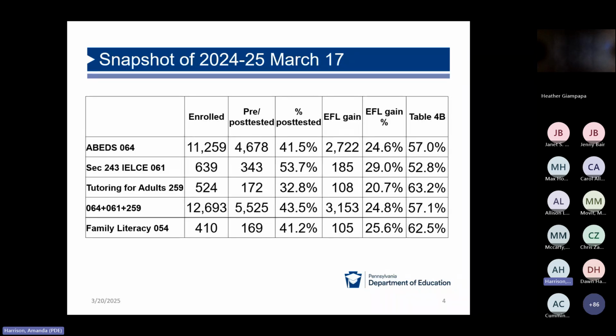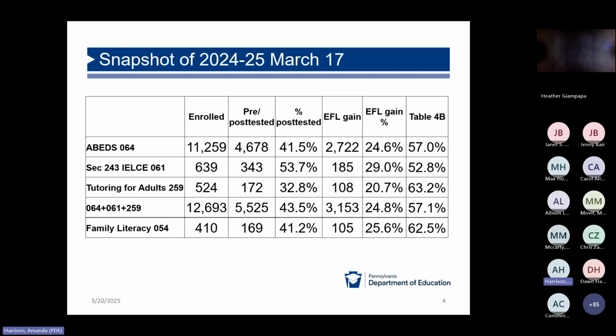The first 3 rows, of course, are the Adult Basic Education Direct Service, 064 grants, the Section 243 IELCE 061 grants, and the Tutoring for Adult grants, which are 259. And then that 4th row is a sum of the first 3 rows.